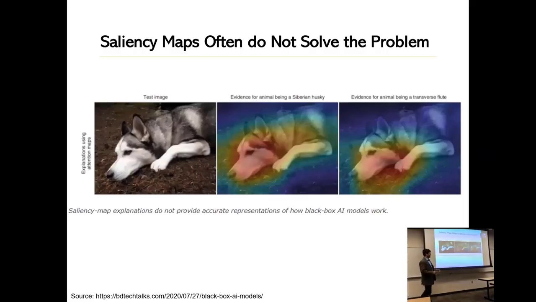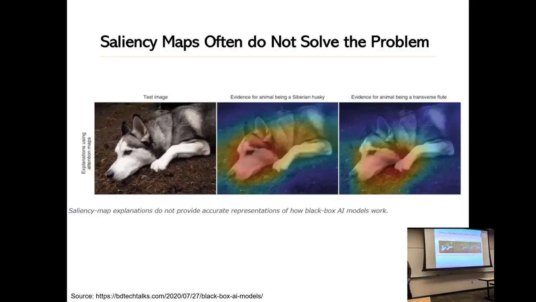And of course, there are things like saliency maps, to get an idea of what evidence says the animal is a husky, and the saliency map is showing the same thing. Sometimes these techniques show you the difference. Sometimes you get results like this, and there's really no assurance of what happens if it's going to actually work.